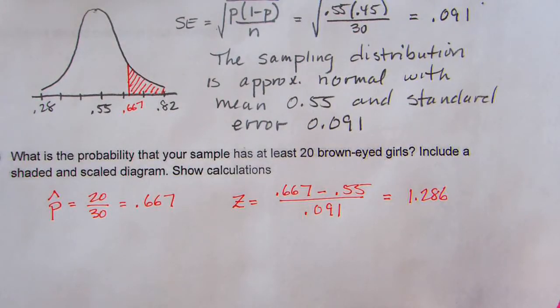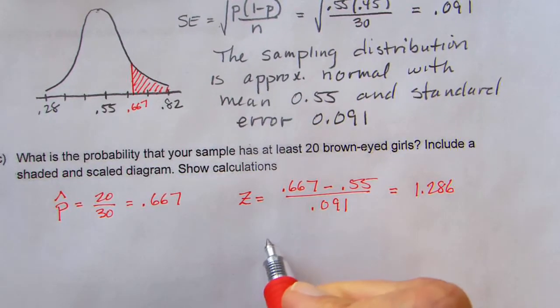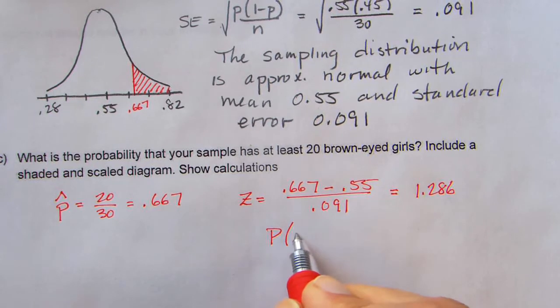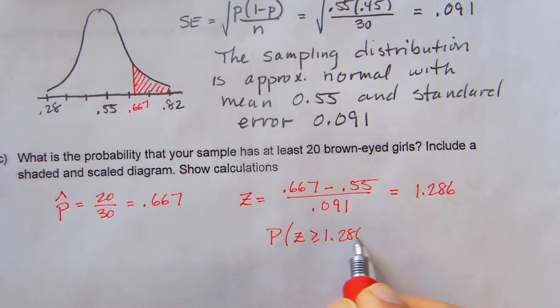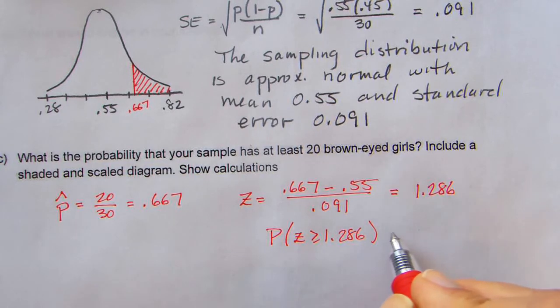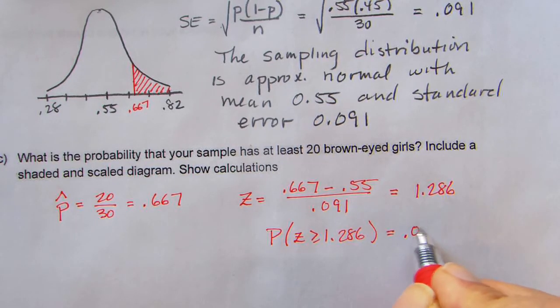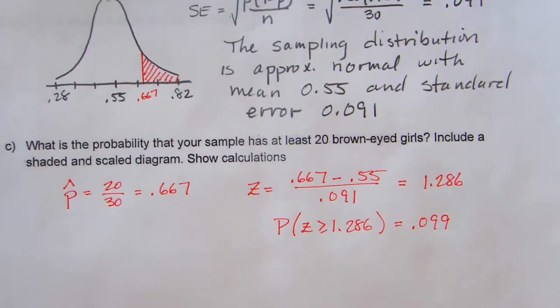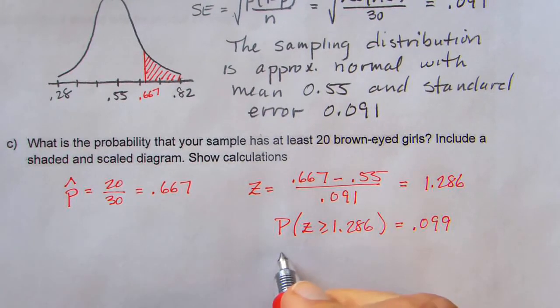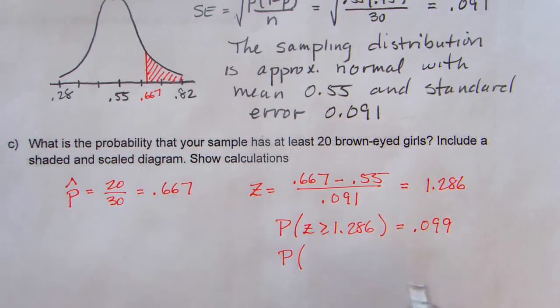So we can write that the probability of a z-score being 1.286 or greater is 0.099, or 0.10 if you prefer. You could also talk about it in terms of the proportion.